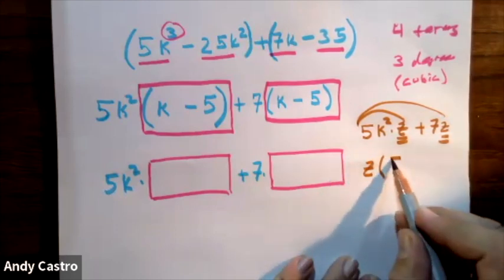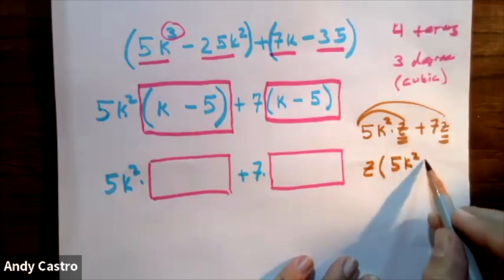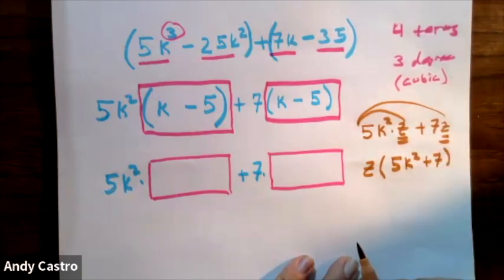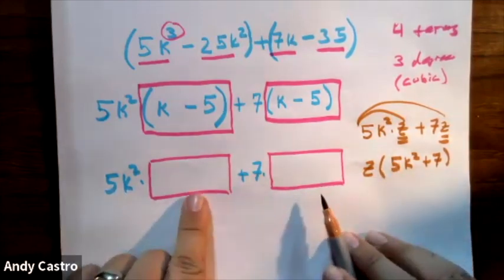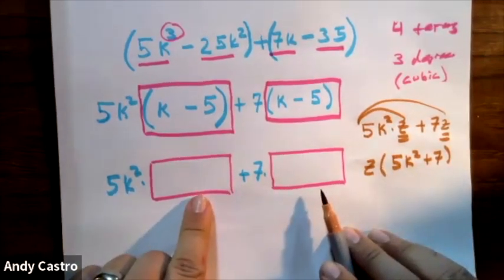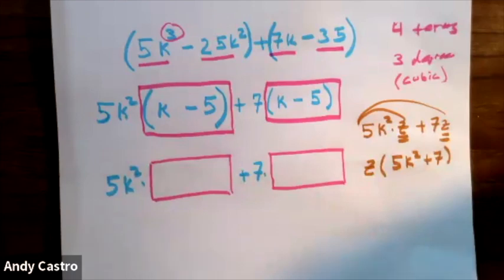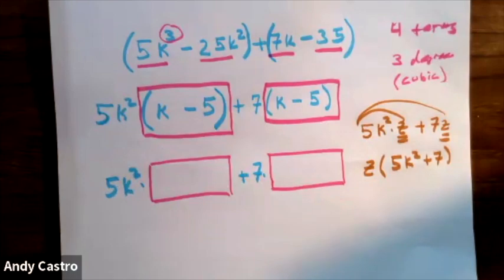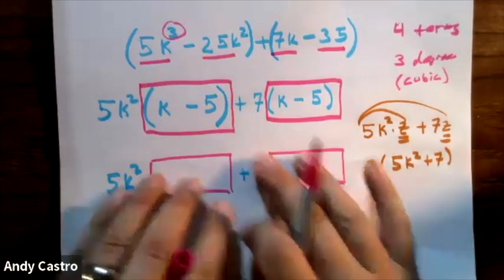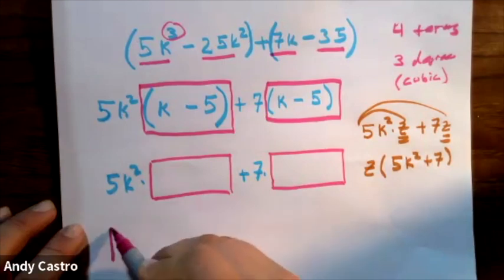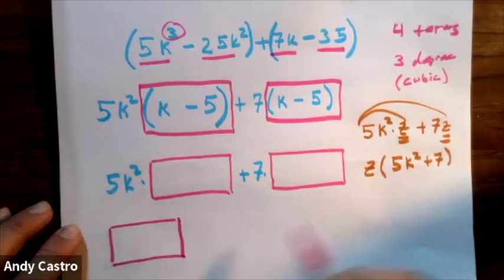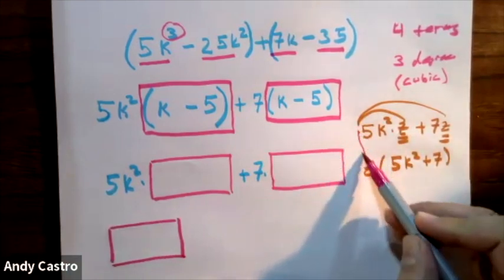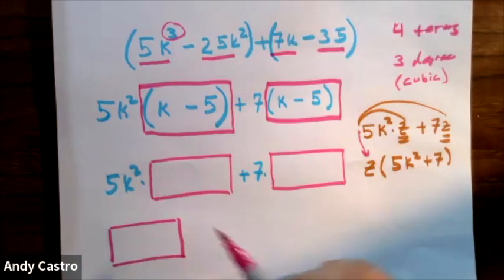And I would have z times the quantity 5k squared plus 7. That is no different from what we're doing here. But instead of a z, I have a box. And really, instead of a box, I have these parentheses with the k minus 5 inside. If I take the box and pull it outside, just like the z comes out, the box comes out.